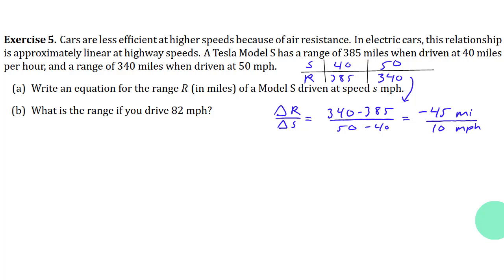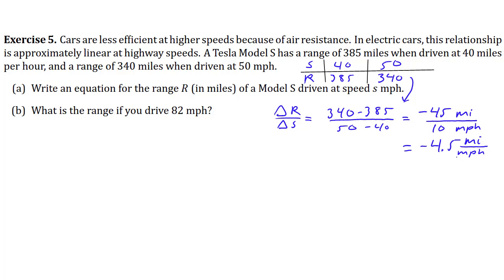And if you divide that, you're going to get negative 4.5. So this would be in miles per hour, which is a weird kind of unit. This is saying if you go 1 mile per hour faster, then the range that you can go is going to decrease by 4.5 miles.